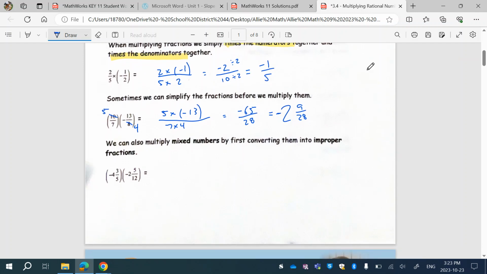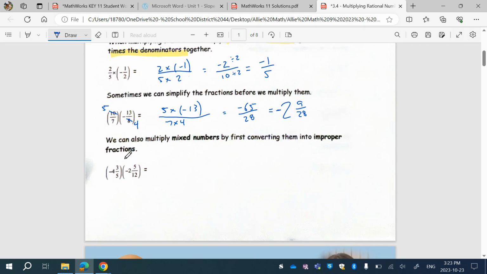It's okay. Last one, we can also simplify mixed numbers by first converting them to improper fractions. So best in this situation not to try to multiply these and multiply the fractions. Just convert them to an improper fraction first. So we do that by multiplying the denominator by the whole number and adding the numerator. 5 times 4 is 20 plus 3, so negative 23 over the same denominator over 5.